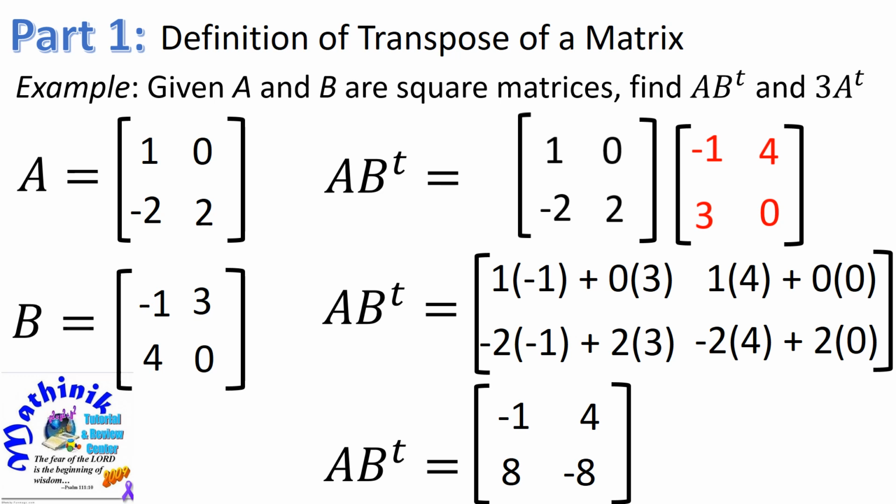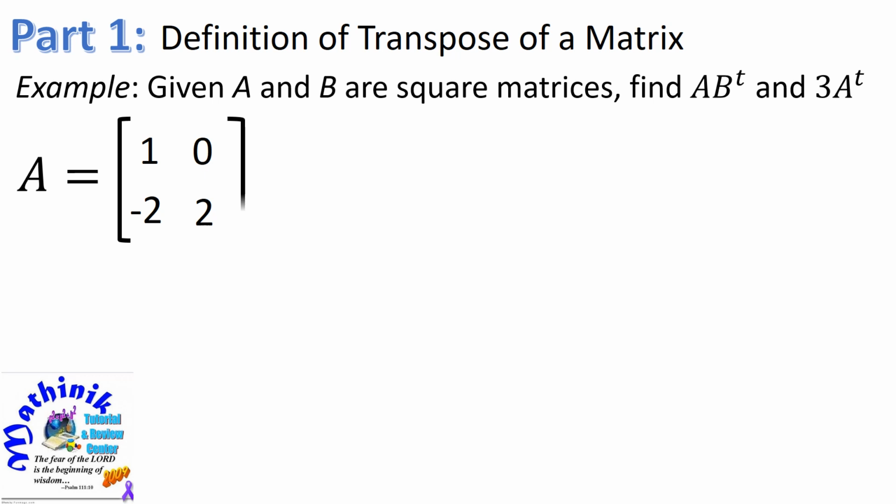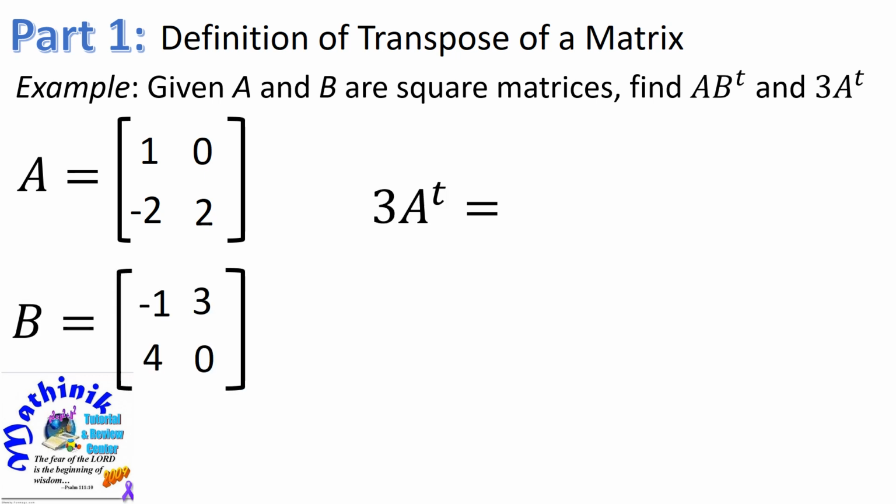So let's try to find the second one. That is scalar multiplication, 3 times A transpose. This is again our given. If we do that, we have 3A transpose. We'll just multiply 3 by the matrix A transpose.